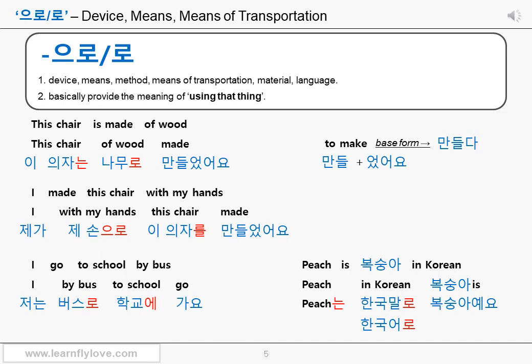Korean language is 한국말 or 한국어 in Korean. You have two options. Peach는 한국말로 복숭아예요. Or peach는 한국어로 복숭아예요. Peach is 복숭아, using Korean as the language. Okay?